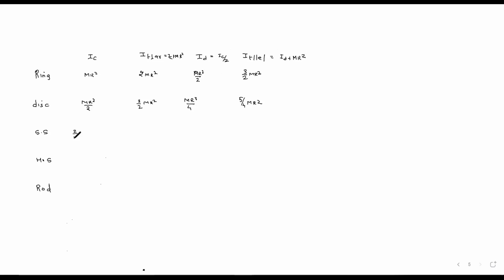Solid sphere is 2 by 5 MR square and this is 7 by 5 MR square, and these two do not exist at all. Hollow sphere is 2 by 3 MR square and this will be 5 by 3 MR square. These two do not exist. For a rod, IC is ML square by 12. And about the end, this is not tangent, this will be end. I about the end is ML square by 3.